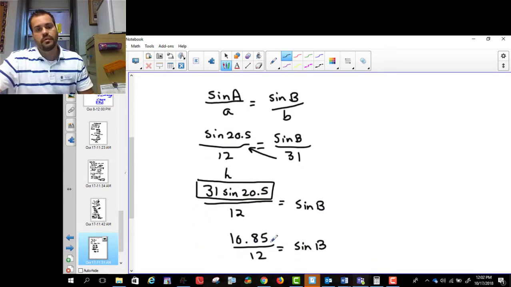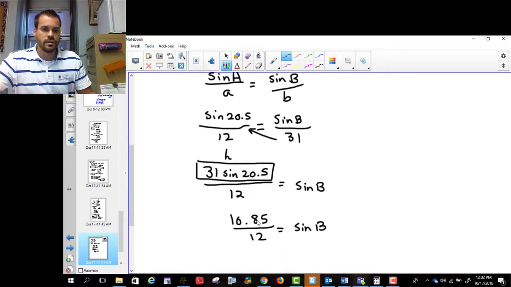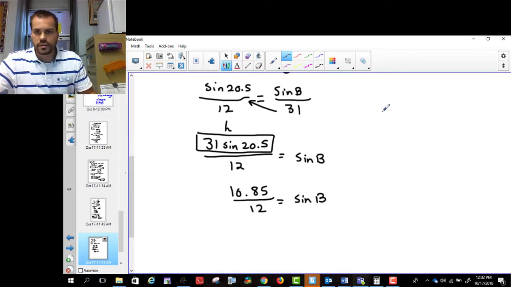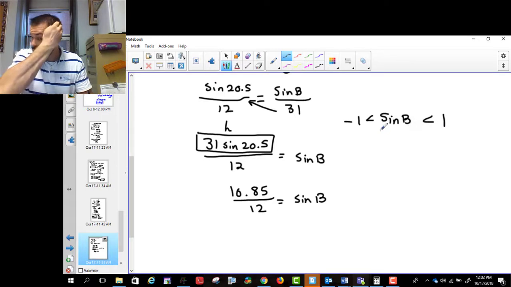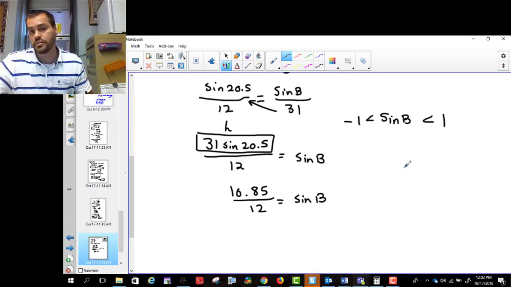All right? Going back to what we were talking about. The reason is, you might know this, that sine of B has to be greater than -1 and less than 1. In other words, it has to be between those two values. Your teachers may have told you that before or not. If that's the case, then look at sine B being b sine A over a.